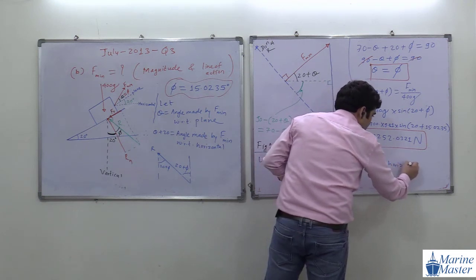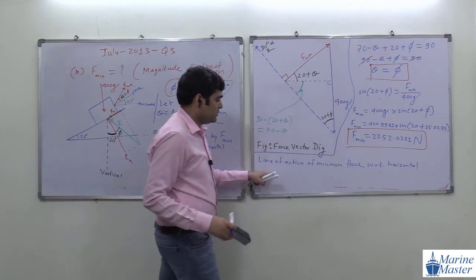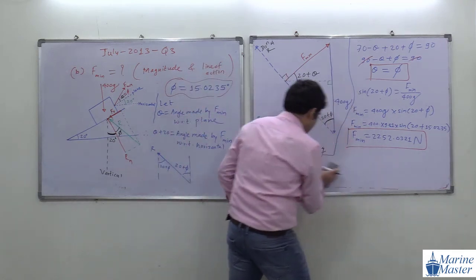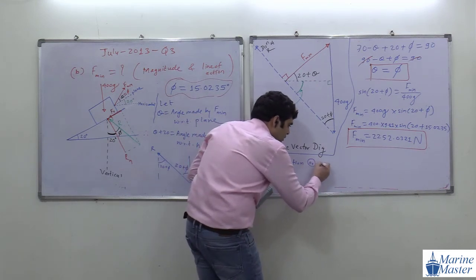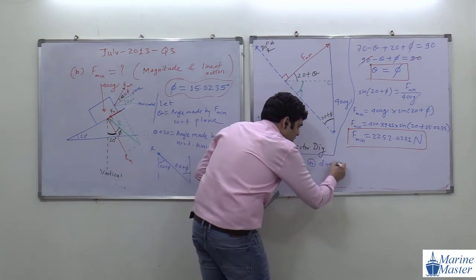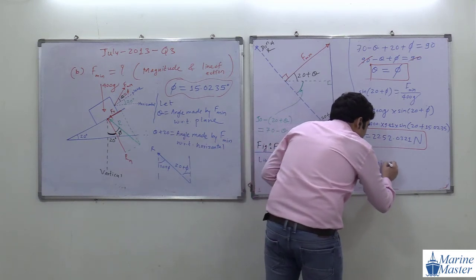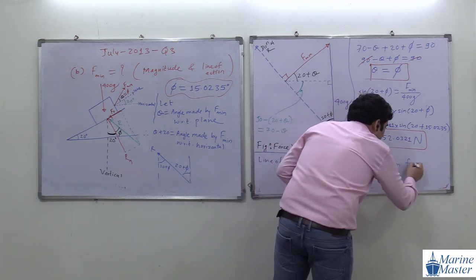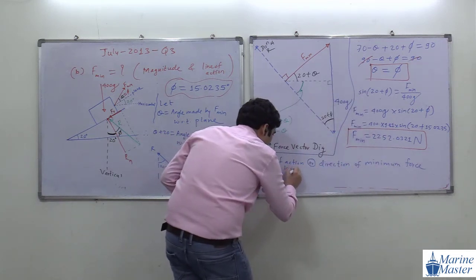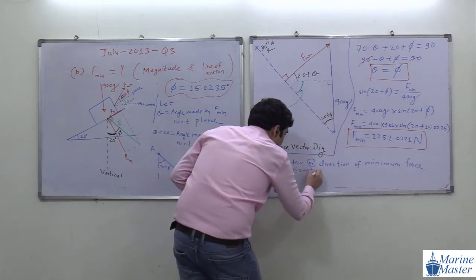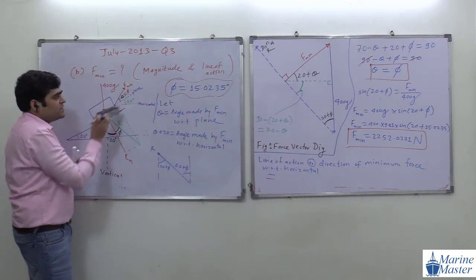I will write it down: line of action, or we can say direction, of minimum force with respect to horizontal. So here, what is the direction of minimum force with respect to horizontal?